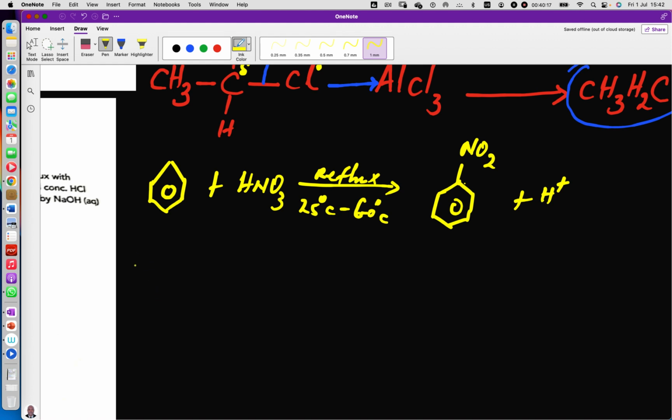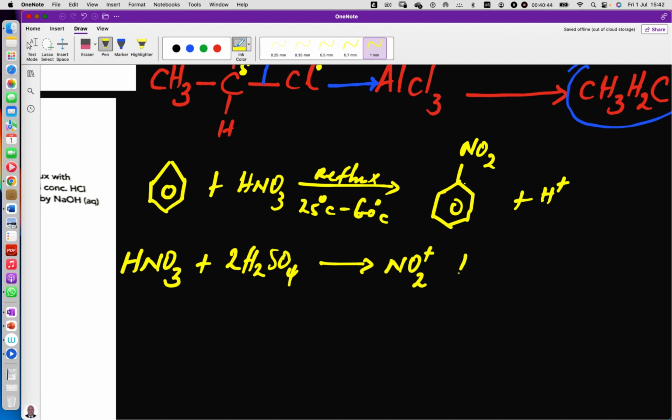This is nitric acid, with H2SO4, to give NO2 plus, and HSO4 minus, and plus hydronium ion, H3O plus.